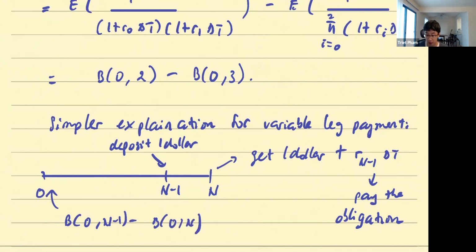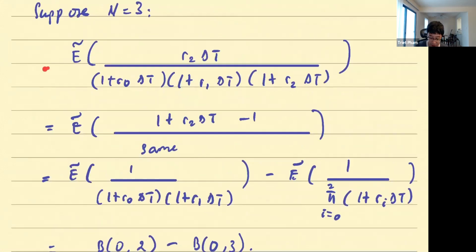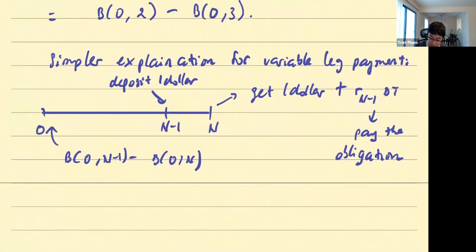That's it. This whole complicated calculation is just expressing the simple idea that to get the variable rate, you deposit at time n minus 1, and you just take out the money at time n and forget the interest rate payment. What's that cost to you? This is this cost, which means that must be the one that you forego. Is that okay?